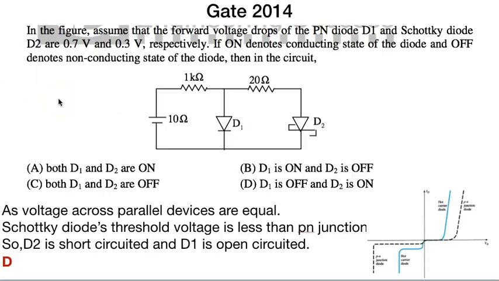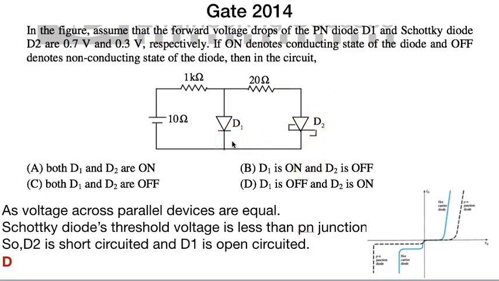Now look at one of the 2014 GATE examination questions. It is about a Schottky diode and a normal diode. Both the diodes are connected in the forward direction, but one has a potential of 0.7 and the other has 0.3. I've already given you the answer, but try to solve it by yourself and you will find that across the parallel junctions, you won't have two different voltages.